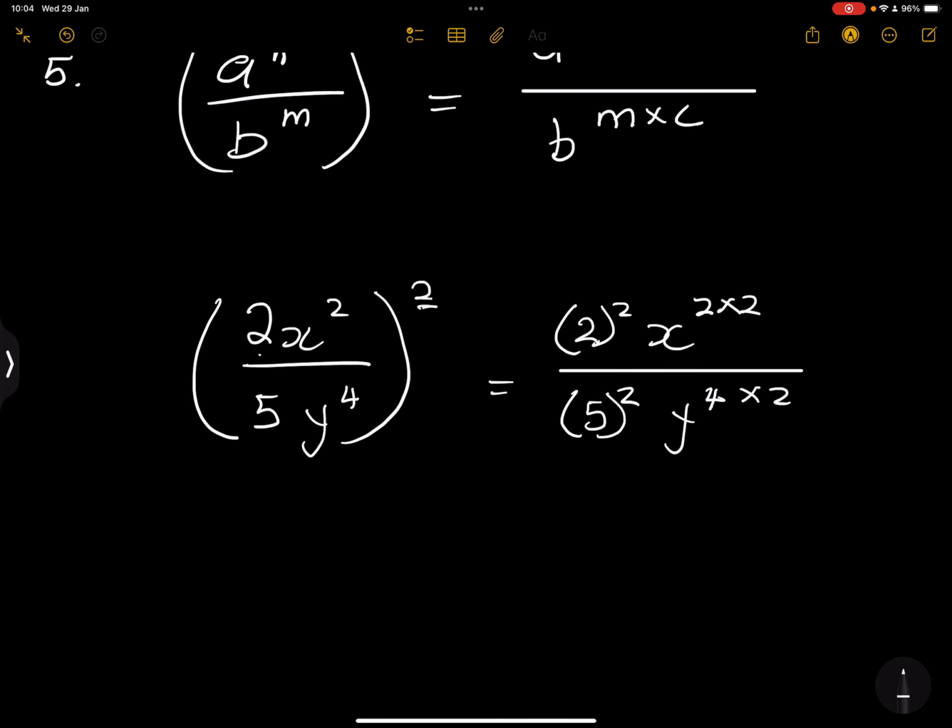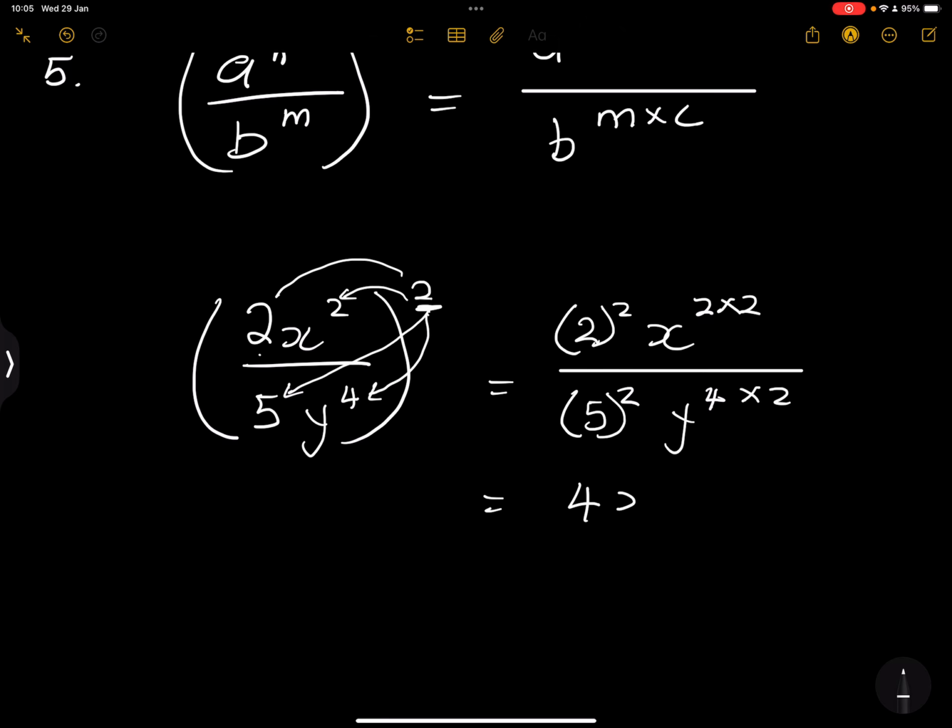Note that this exponent, or in this case this power, actually multiplies into every single one of your bases. Every single one of your bases. So what will this give us?